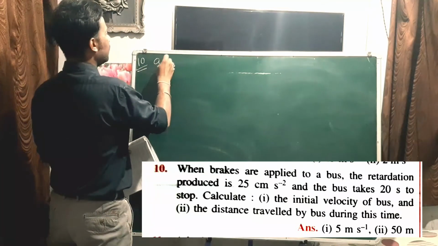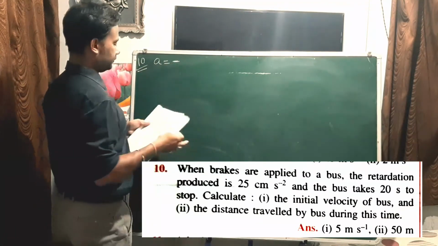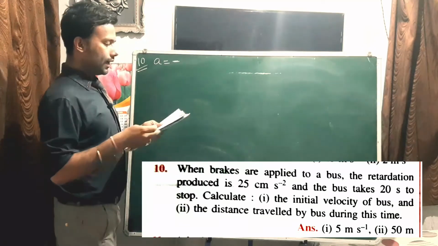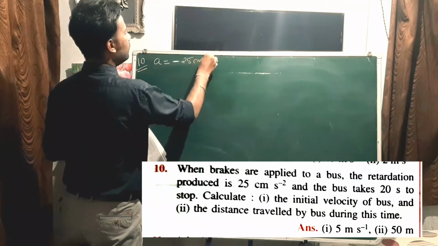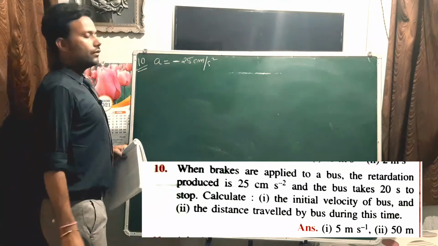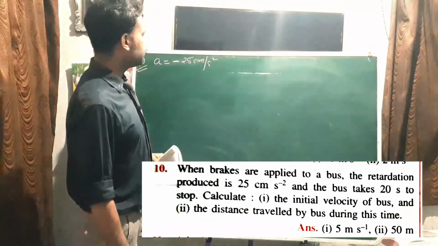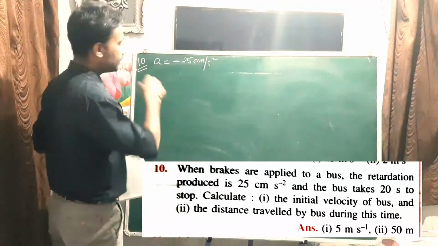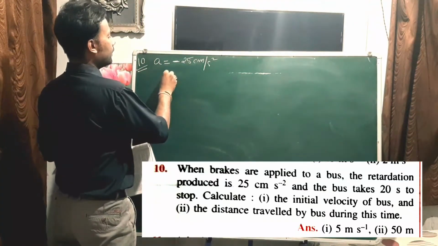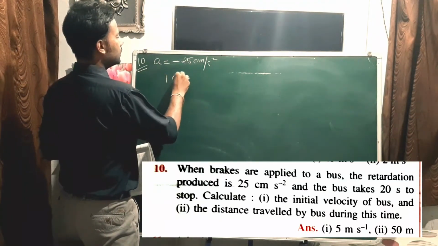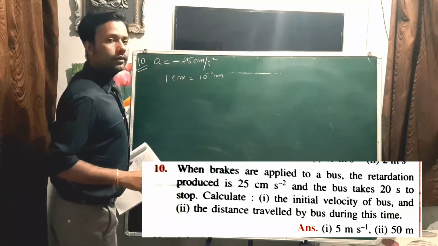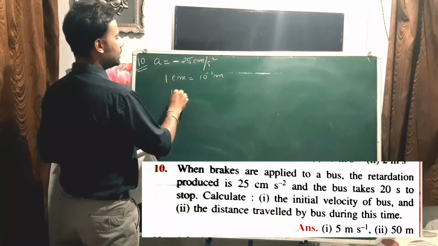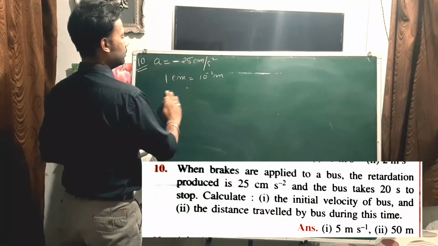So we have a is minus 25 centimeter per second square. We'll convert this into meter per second square. Now you know that 1 centimeter is equal to 10 to the power minus 2 meter, right?